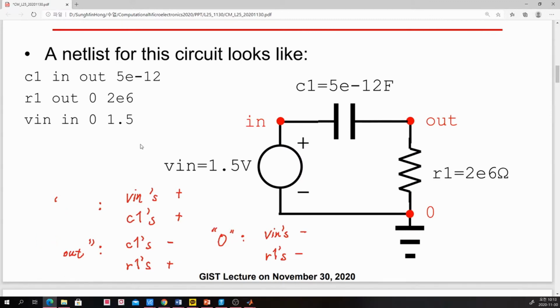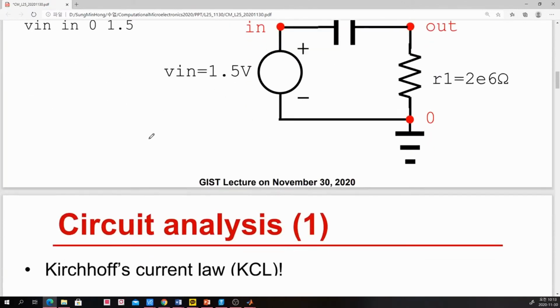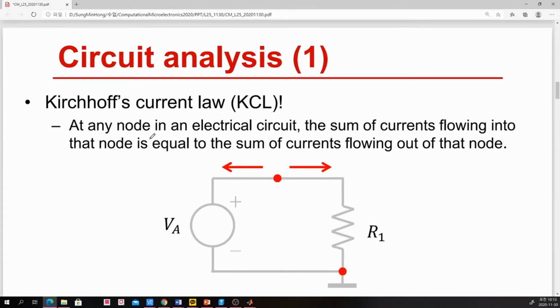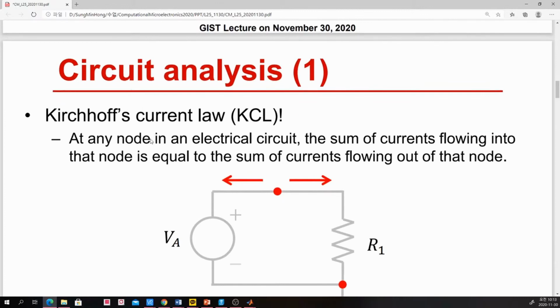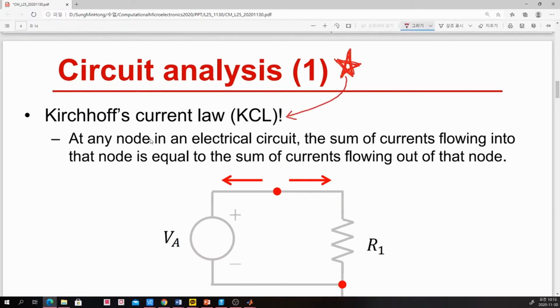What is it? It is because node-wise description internally is important, because you know the governing equation for circuit analysis is just Kirchhoff's current law. So that's the reason.